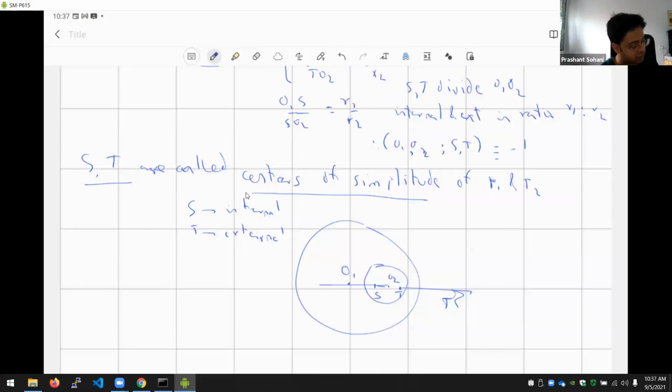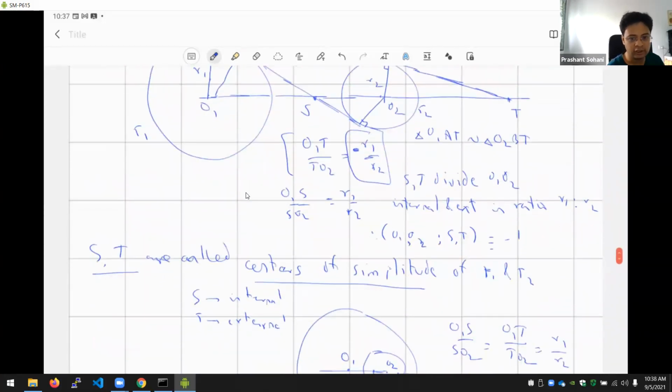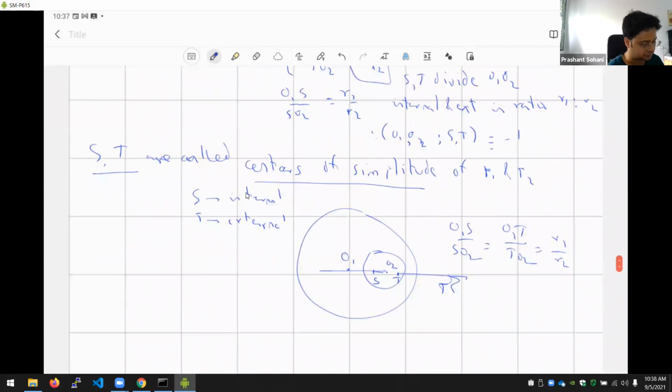So you can still construct the points S and T such that these ratios are preserved. The tangents are one way of drawing that, but you can directly construct the points S and T knowing this ratio also. Okay, so in any way you can do that, you get the points S and T.